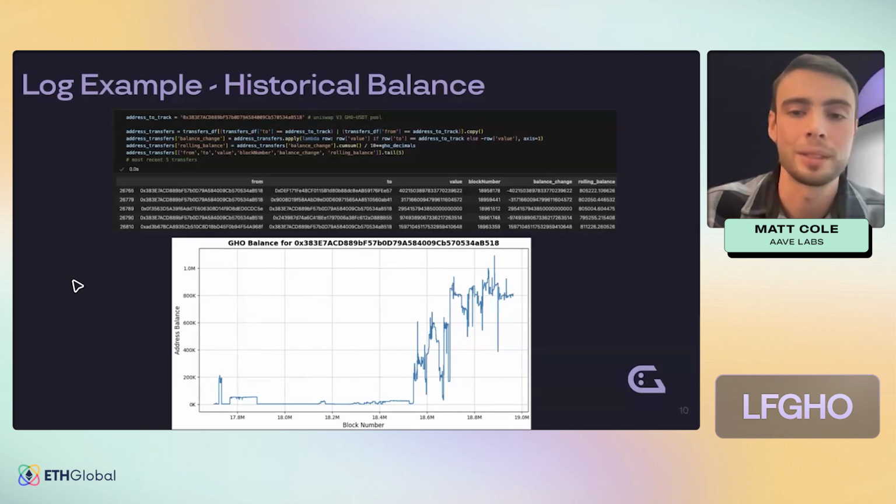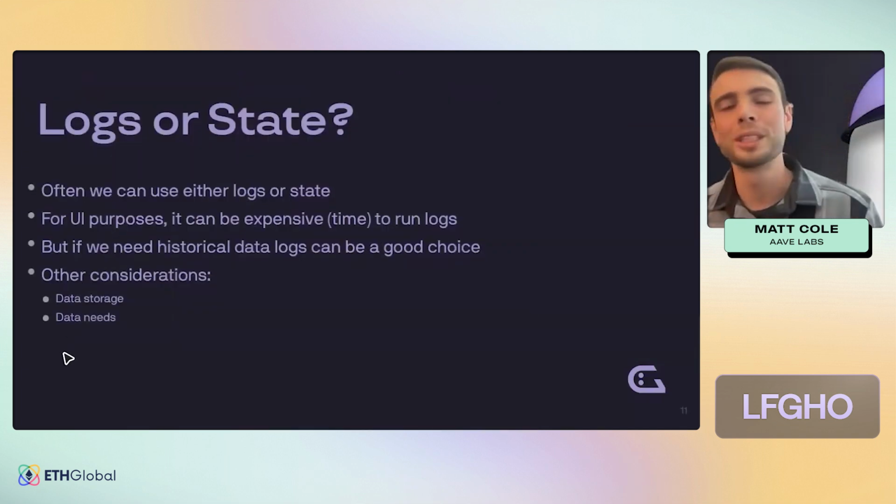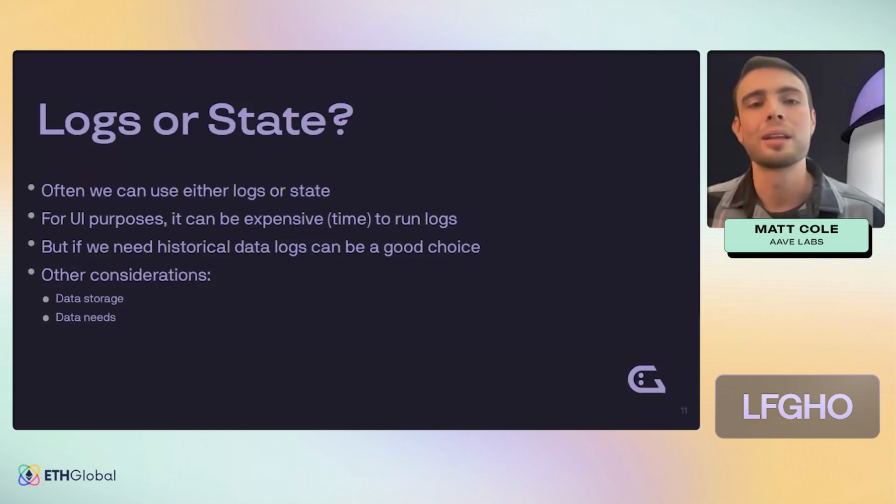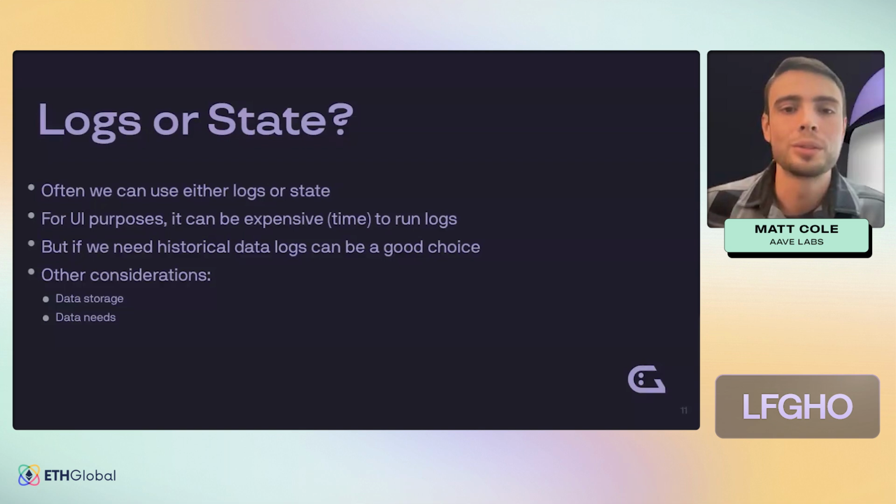So I think that's definitely pretty neat. We just talked about querying state data to get the balance of a particular user, and then using logs to do pretty much the same thing. You might be wondering which one we should use, what's better. A lot of Web3 UIs use the state.